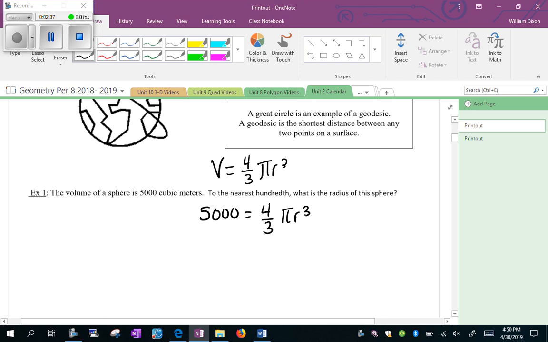The first thing I'm going to do is get rid of that 3 in my denominator, so I'm going to multiply it out to both sides of the equation. That's going to cancel, and I get 15,000 equals 4 pi r cubed. Now I'm going to divide both sides by 4 pi.